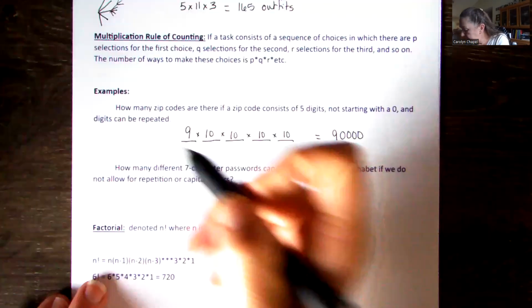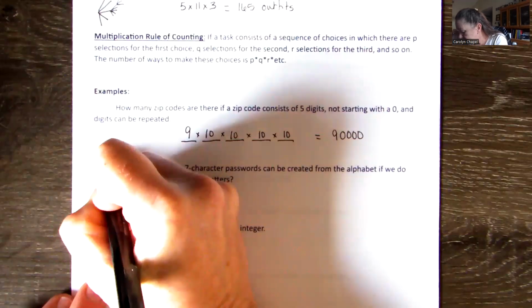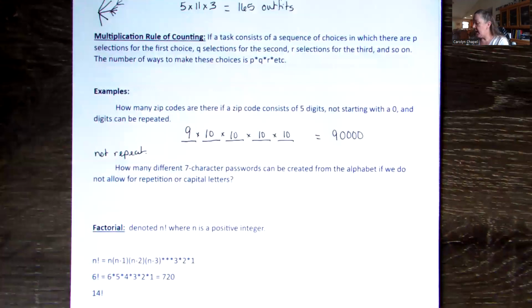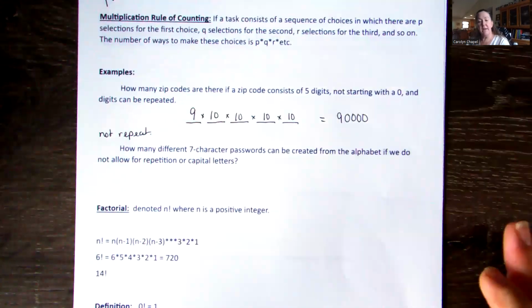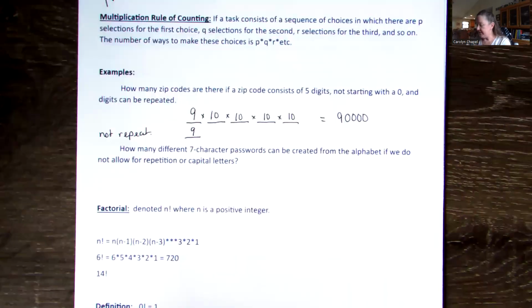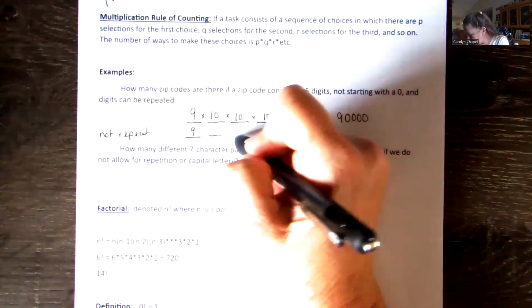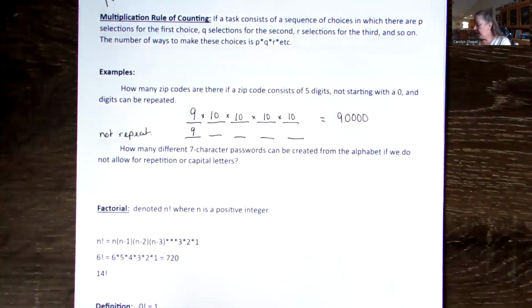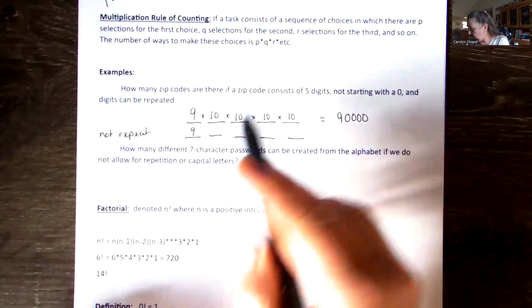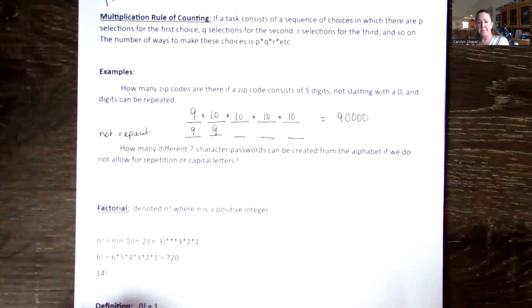Okay, what would have happened if we could not repeat? Let's do this one again, but this time not allow us to repeat. Same thing, we can't start with the 0, so here we only have 9 choices. Here we'd have 10 to start, but we can't use this one, so we only have our 9 choices.